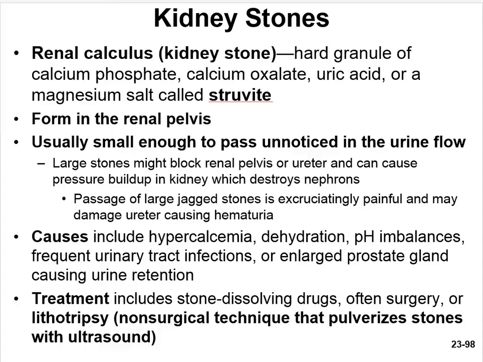Sometimes they're so small you don't even know that they've passed, but a larger one, you'll know it, can be very, very extremely painful when they're passing through the ureters. Some causes are hypercalcemia, meaning too much calcium in the blood, dehydration, pH imbalances, having frequent urinary tract infections, or an enlarged prostate gland causing urine retention.